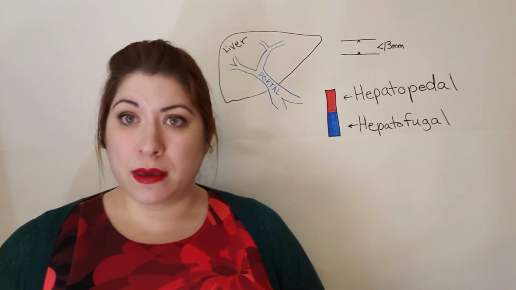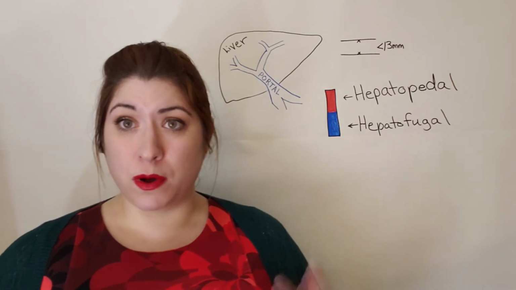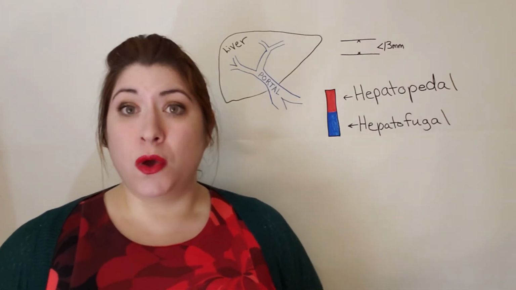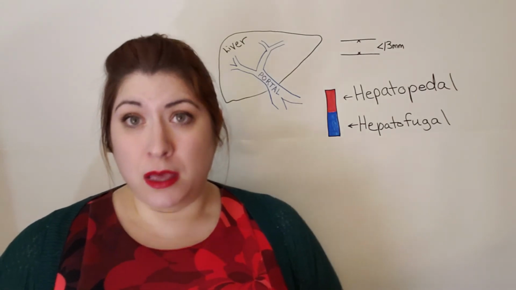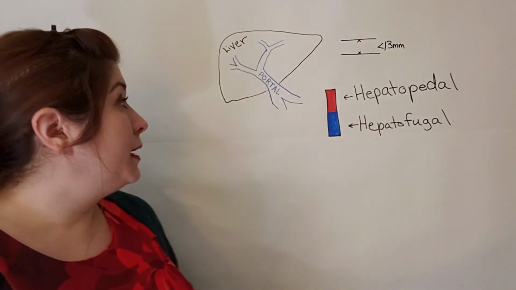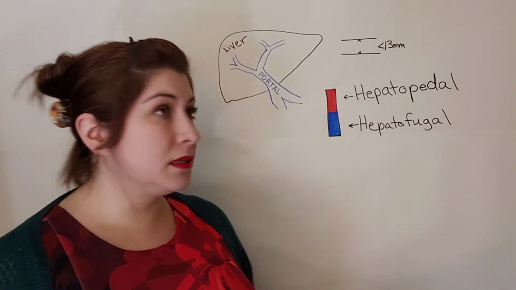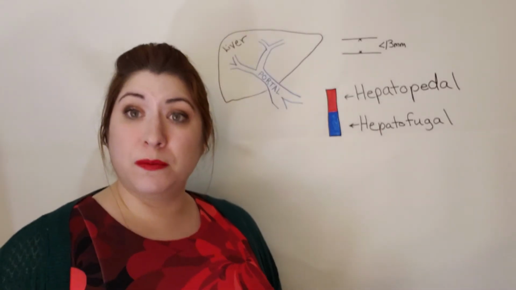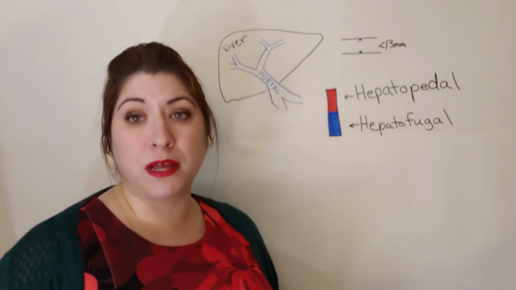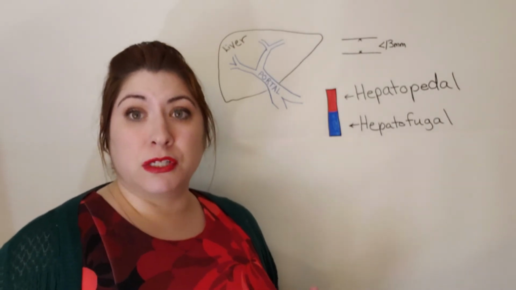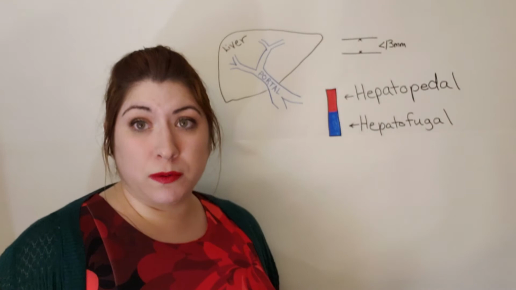Every time we evaluate the portal vein, we want to do two things. We want to put color Doppler on it and we want to put spectral Doppler on it. So for color Doppler, in most cases, as you remember, the portal vein is going to be delivering blood to the liver. So that blood is going to be flowing towards the liver.